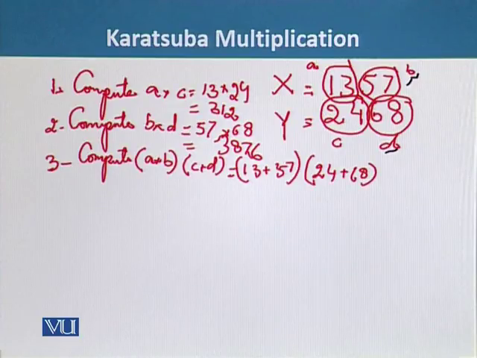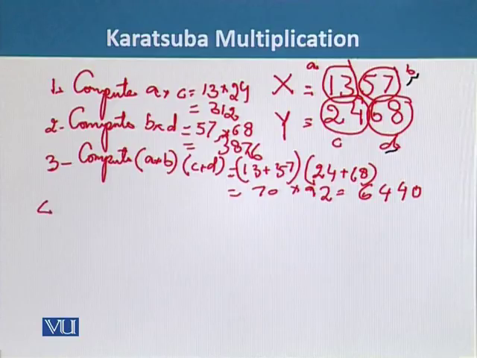When we add 13 with 57, we get 70. And adding 24 with 68, we get 92. When we multiply 92 with 70, we get the answer 6440.